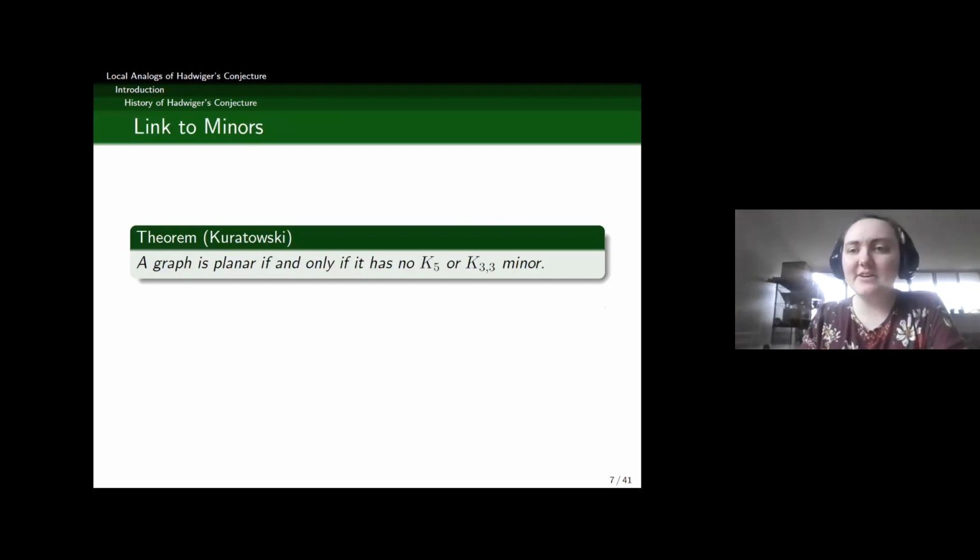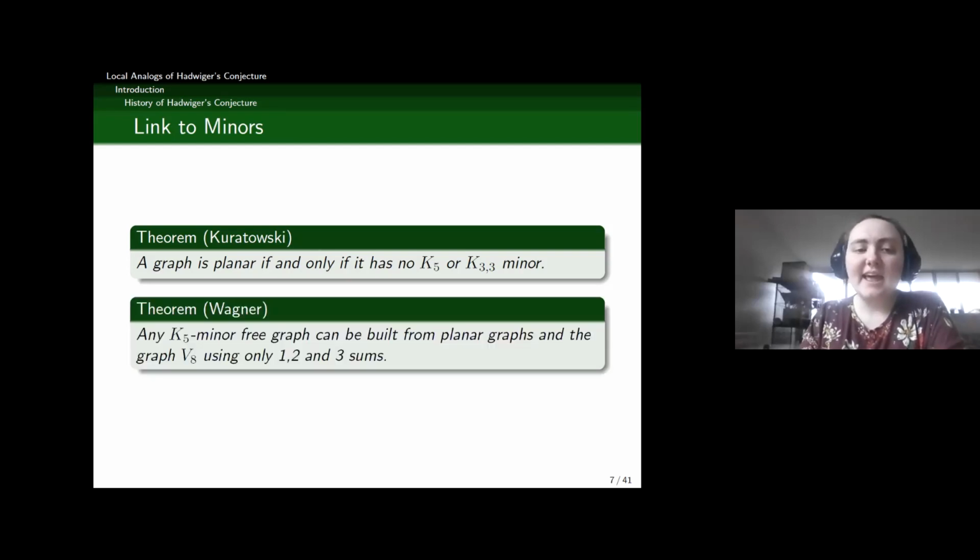Now, planar graphs end up being very closely linked with minors because of two major theorems. One is by Kuratowski, which says that a graph is planar if and only if it has no K5 or K3,3 minor. And then Wagner's theorem says that you can build any K5 minor free graph by clique summing on small cliques, planar graphs, and the graph V8.